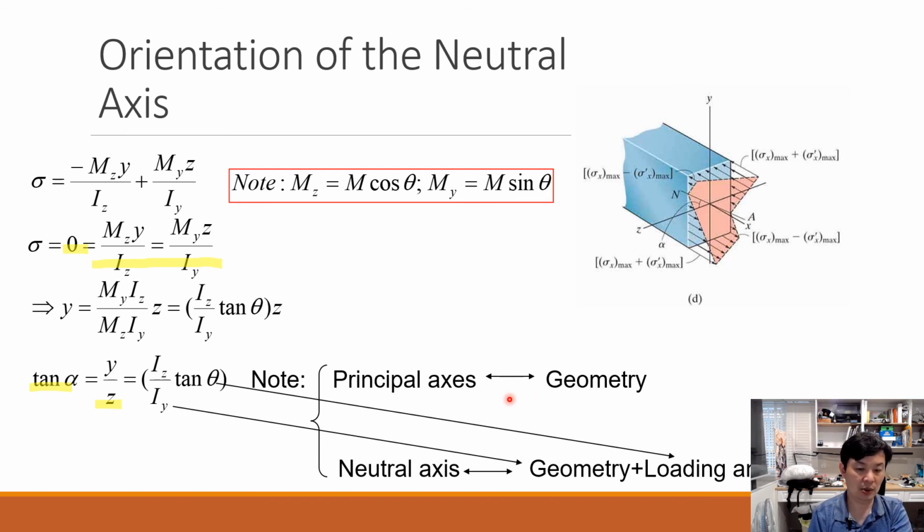Okay, so that's the difference between the two important axes. The principal axis is determined by cross-section shape, and the neutral axis is determined by two contributions. One comes from the geometry part, the iz-iy ratio, and the other part is the loading angle theta. That's all we have for this important feature.